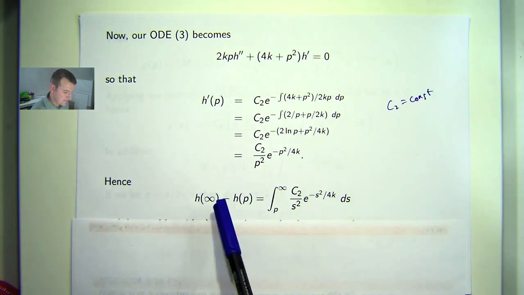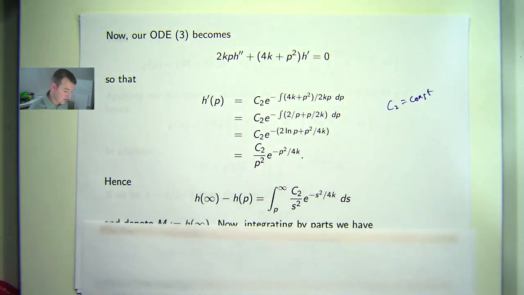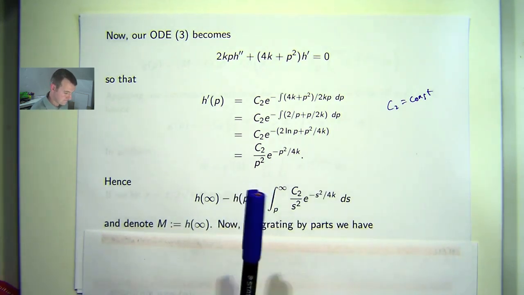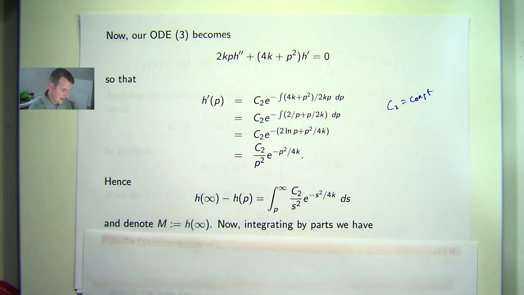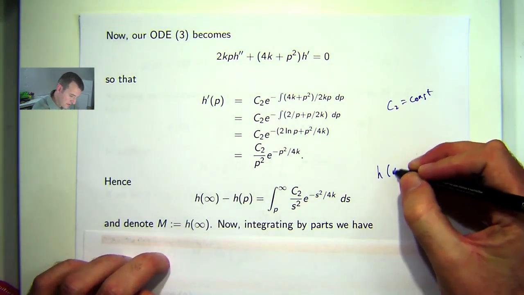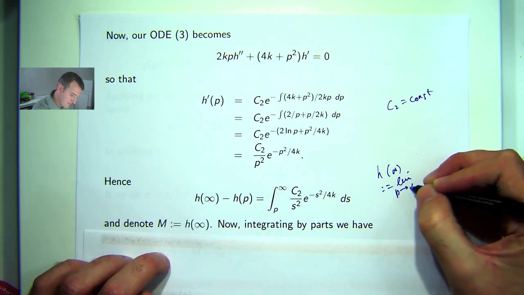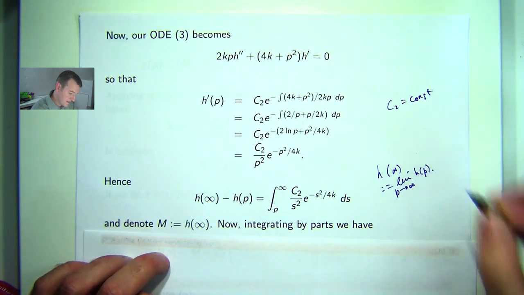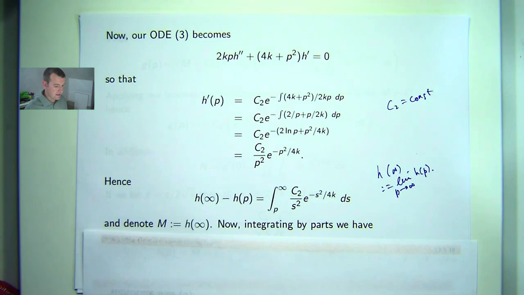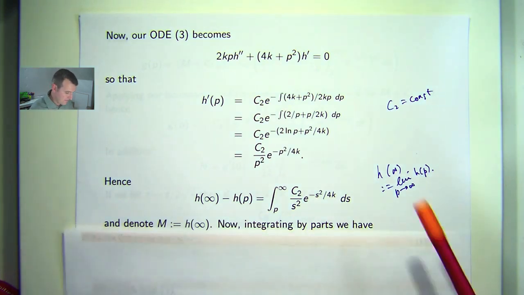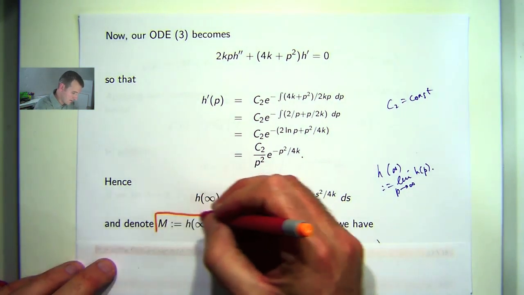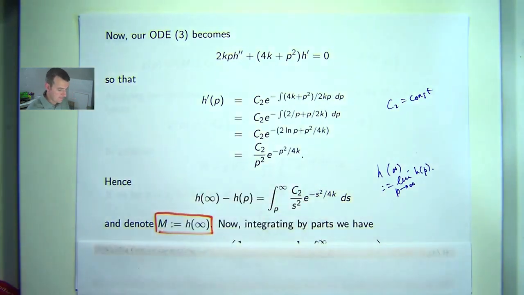Okay, now this improper integral is well defined, and this h of infinity, I've just put that in there to save a bit of space, is just the limit as p approaches infinity of h of p. Whatever that value is just going to be the value of m. Now it's well defined, by the way.